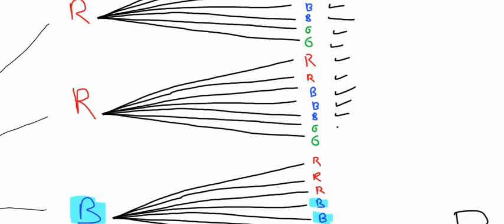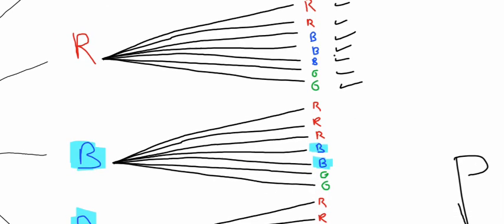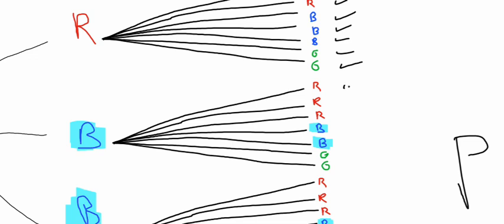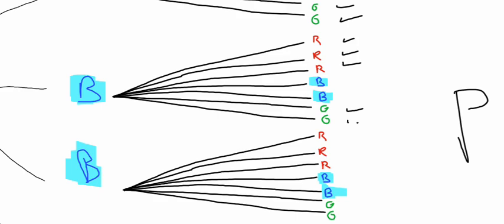Yep. All these qualify, at least one not blue. The only ones that don't qualify is here. This is both blue, so they don't qualify. But this one would, and these would.